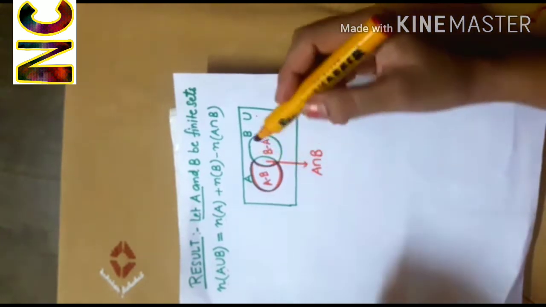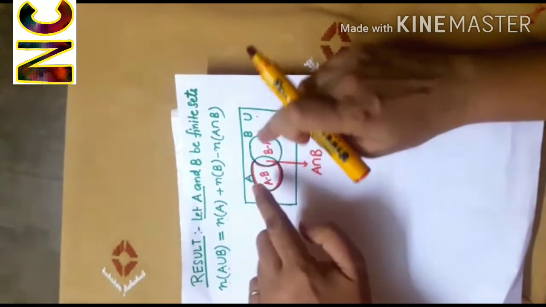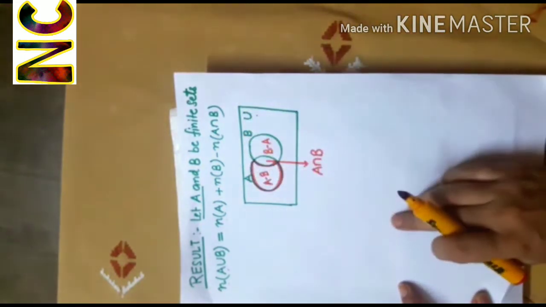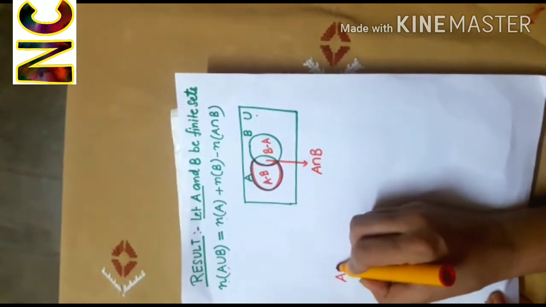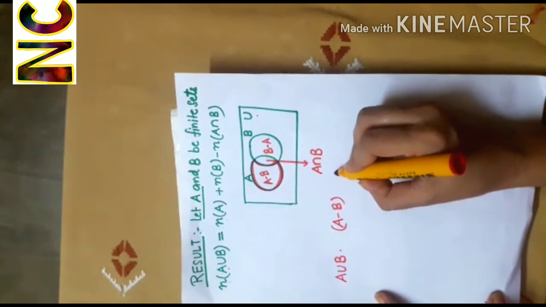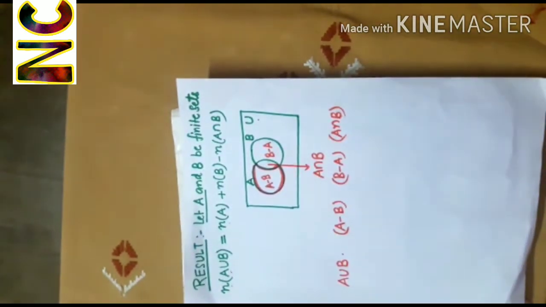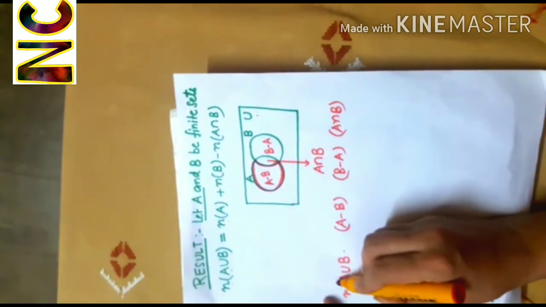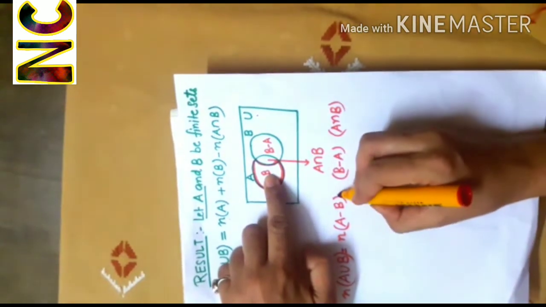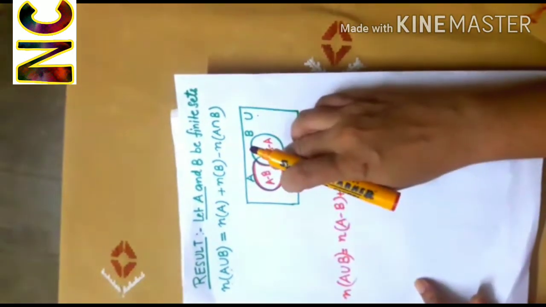Now look here. When I join these three portions, I get the join of A and B, and that means I get A union B. That means A union B is the join of A minus B, B minus A and A intersection B. So therefore, the number of elements in A union B will be equal to the number of elements in this part plus the number of elements in this part plus the number of elements in this part.